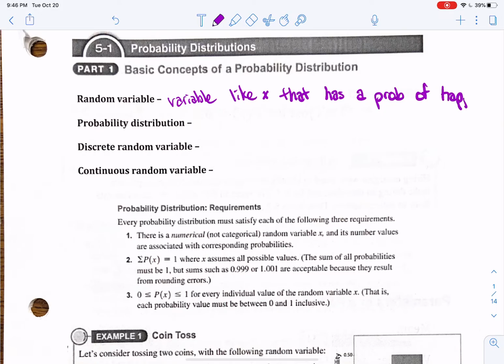A random variable would be like flipping a coin and it coming up heads. So we can assign a probability to that random variable of having a head show up on a coin.